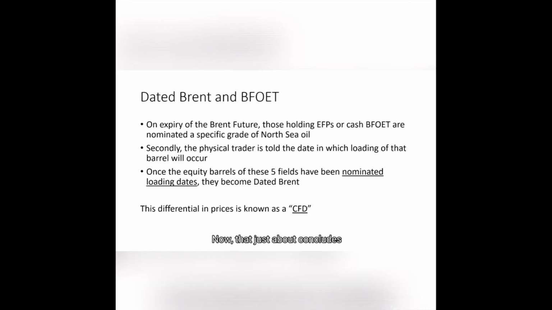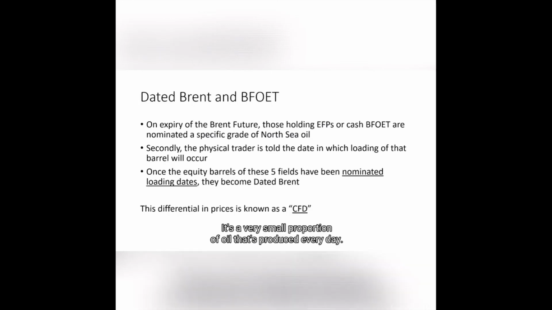That just about concludes the presentation that I had prepared, but I hope this makes it obvious that when the market looks to trade Brent futures, yes, of course, it can be a great representation of trading global crude oil prices. But in reality, the oil that prices such a large amount of the crude oil traded in the world is actually only 5 fields.